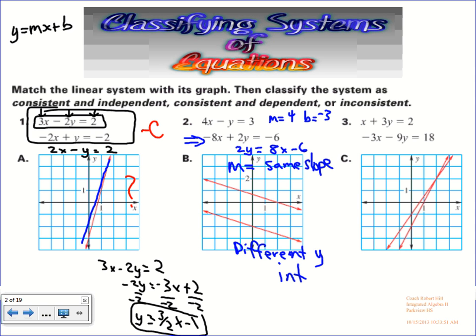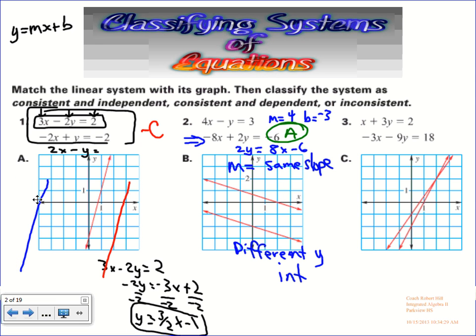Both of those, when you solve them for y, have the same slope and the same y-intercept. What is really going on is that number 2 is two lines right on top of each other, and because the red one's on top, you only see the red line. So number 2 is A.